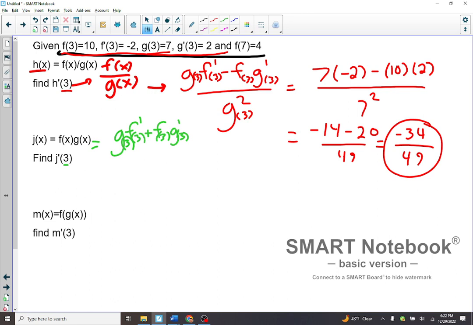So I know what g of 3 is, 7, times negative 2, plus f of 3 is 10, times g prime of 3, positive 2. So negative 14, which, since we did the quotient rule, I could actually just see it's going to be negative 14 plus 20, or 6.